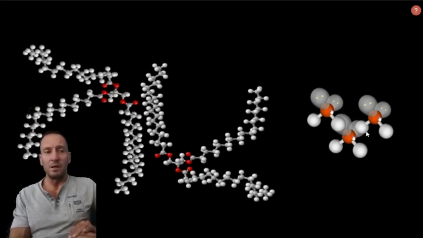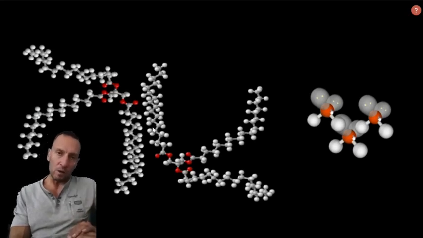It's much weaker. But you've got how many atoms? You've got plenty, a bigger structure. Because it's bigger, the forces get bigger. Now the water cannot break these London dispersion forces.